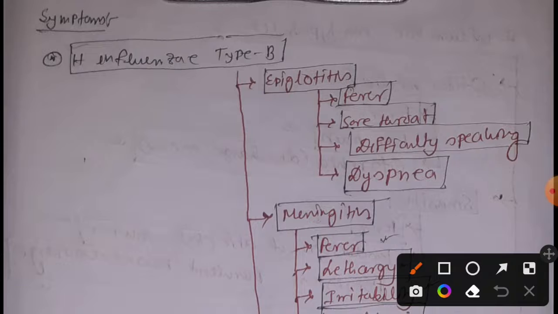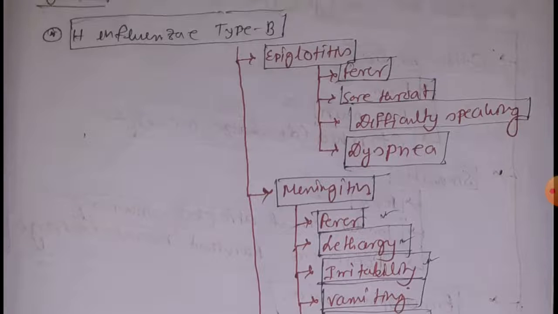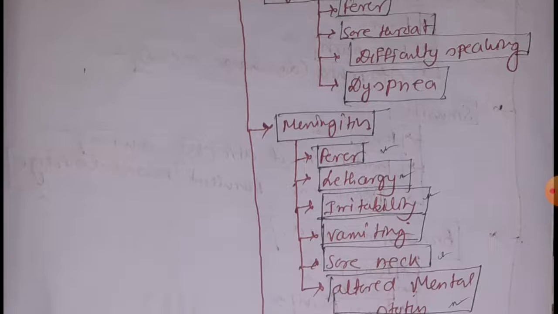That means you can observe epiglottitis, cellulitis, bacteremia, meningitis, osteomyelitis, and also septic arthritis. So in this video we are going to discuss the symptoms associated with those medical conditions.